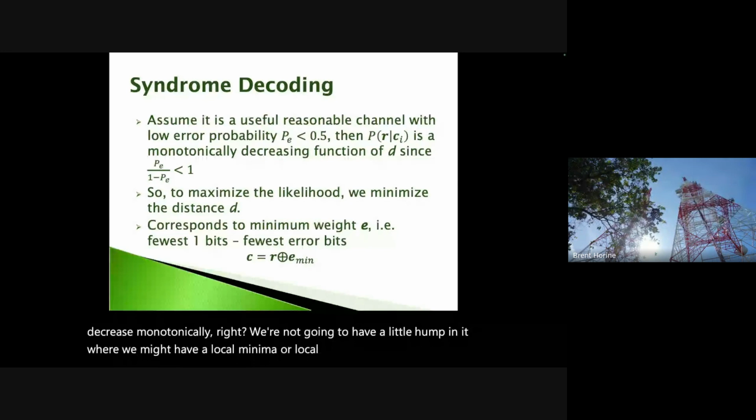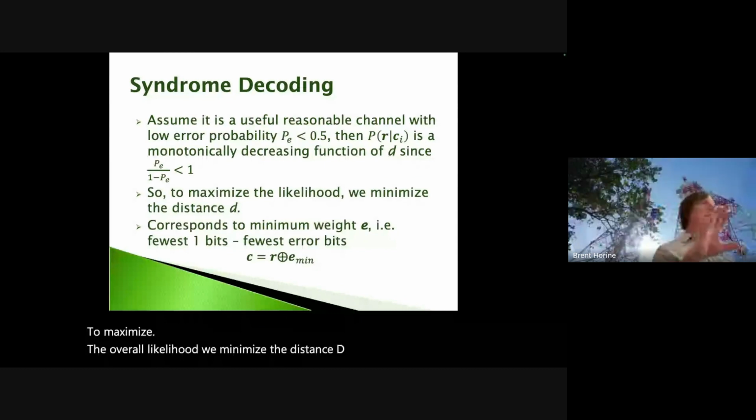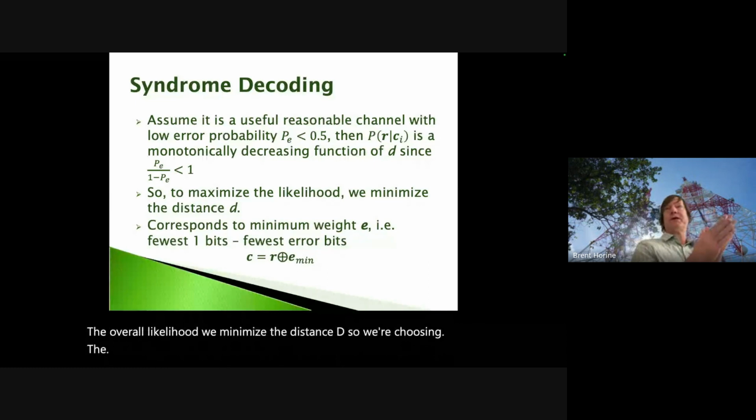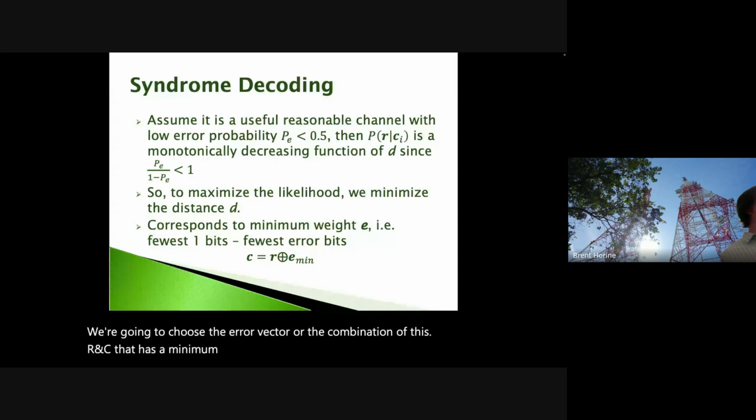So to maximize the overall likelihood, we minimize the distance D. So we're choosing that if we've received a particular syndrome, we're going to choose the error vector, or the combination of this R and C, that has a minimum number of bits in error.